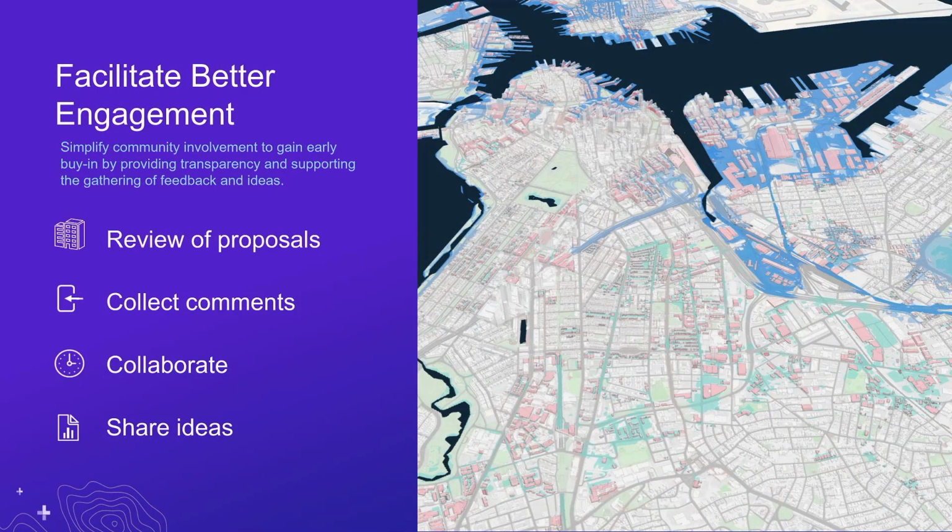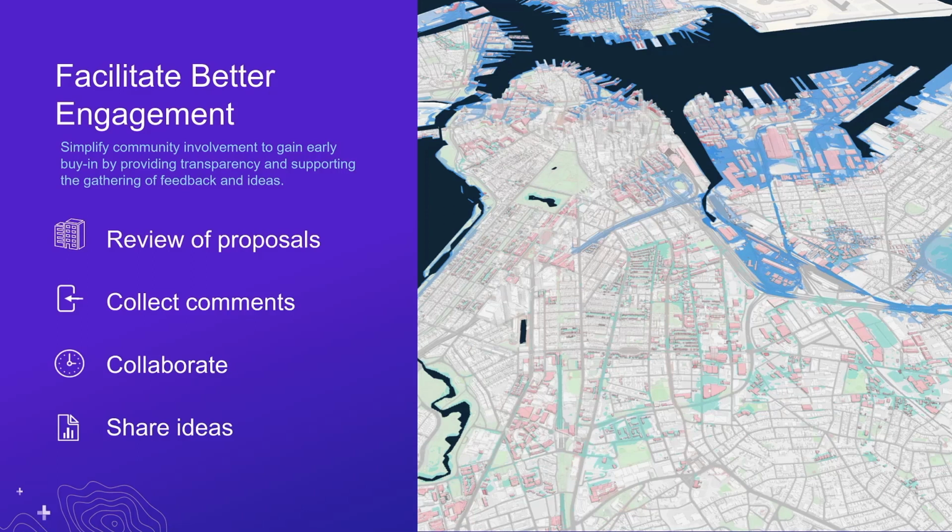It also, as a platform, facilitates better engagement with the public, because the public gets to see or review proposals, proposed plans, and proposed projects that the city decides to share. And they can use this as a platform for collecting comments and feedback by publishing a scenario, plan, or project out, and then wrapping it in other applications, for instance, Survey123.